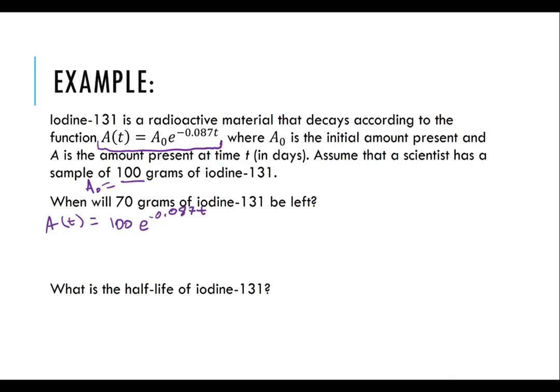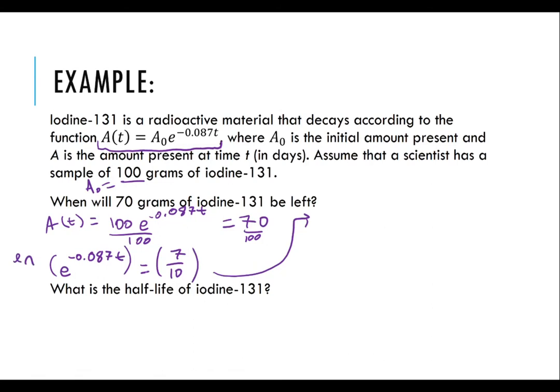And if we want to know when this will be equal to 70 grams, we just need to solve for t. So let's divide both sides by 100. We get that e to the negative 0.087t is equal to 7/10. Then I can take the natural log of both sides. That's negative 0.087t times the natural log of e, which is of course 1, which is equal to the natural log of 7/10.